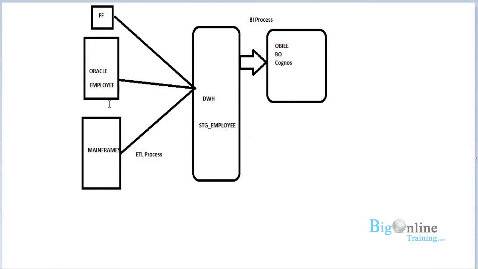Your ETL developer has developed a program, which we'll call an ETL program for the time being. It might be in any tool: Informatica, DataStage, OWB, or Ab Initio. Informatica is a widely used tool, so we'll talk about how Informatica is used for this.